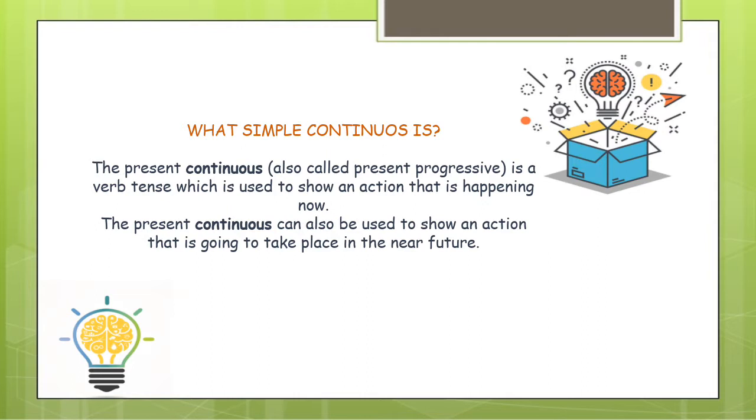The present continuous can also be used to show an action that is going to take place in the near future. We can use the present continuous or present progressive for the action that is happening now, as well as for actions that are going to take place in the future.